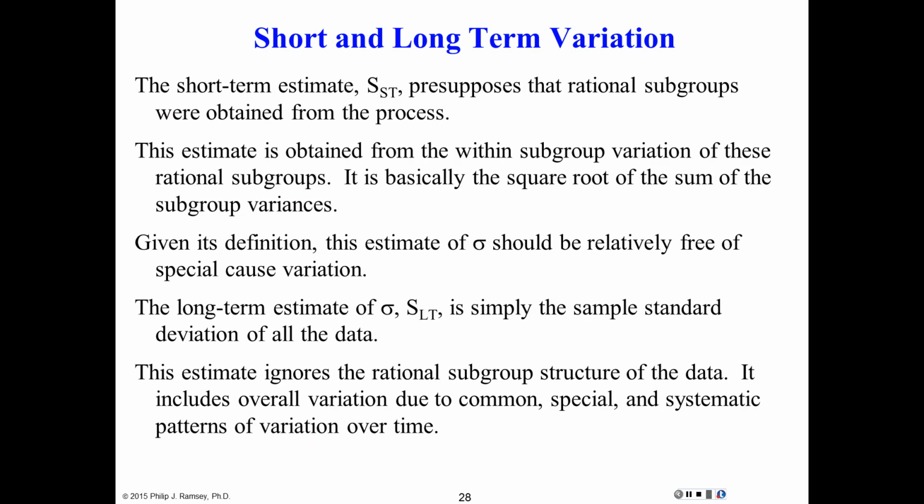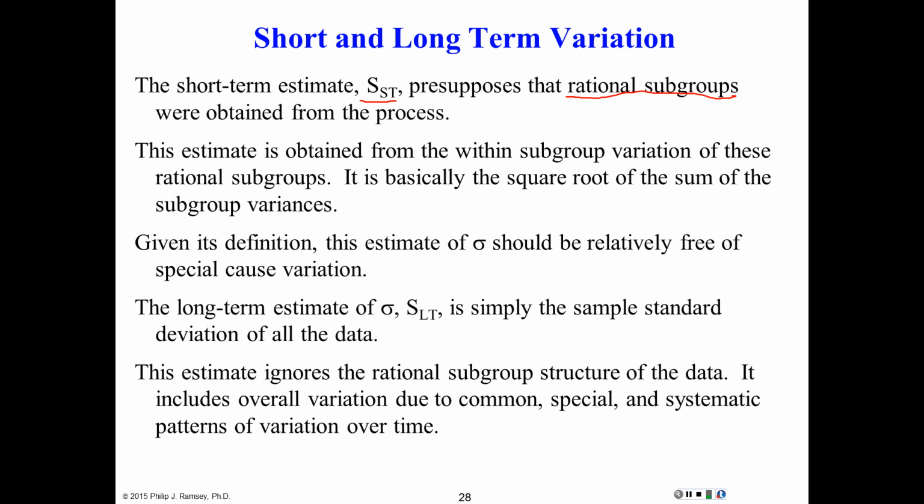Okay, so where do we get a short-term estimate of the standard deviation? In fact, what do we even mean by it? Well, traditionally, short-term is based upon rational subgroups from SPC, and we discussed those in the SPC sections. So they estimate the standard deviation within each subgroup and then pool it together, as I showed for SPC, and that's what they call short term.